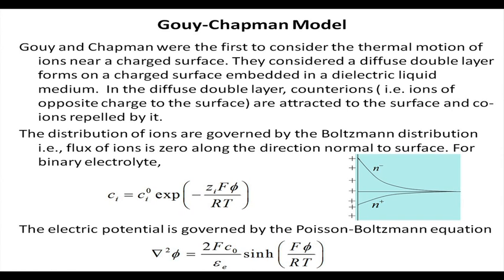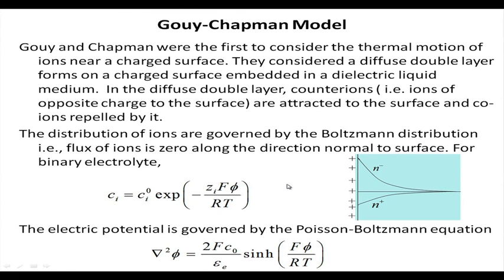That means the assumption is that there is no penetration, or no flux of ions, in the vertical direction across the Debye layer. And so, the diffuse double layer, also referred to as the electric double layer, forms on a charged surface embedded in a dielectric medium.